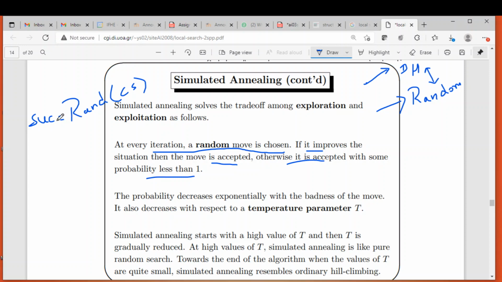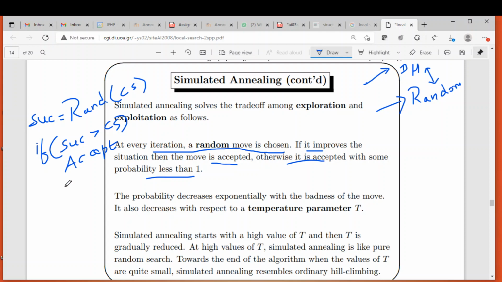But are we going to accept the successor or not? That depends on whether the successor is better than the current state. If the value of the successor is greater than the value of the current state, then accept it. Just accept, nothing else, because you found a successor better than the current state.